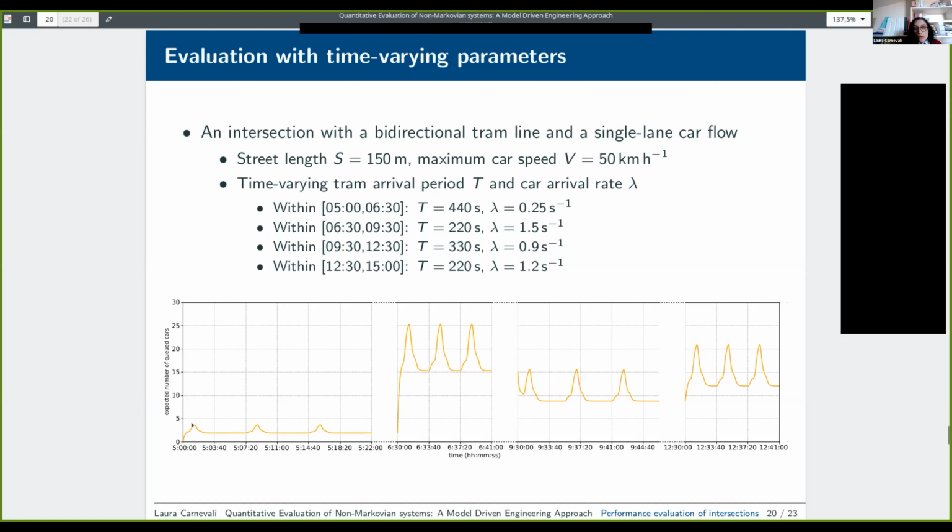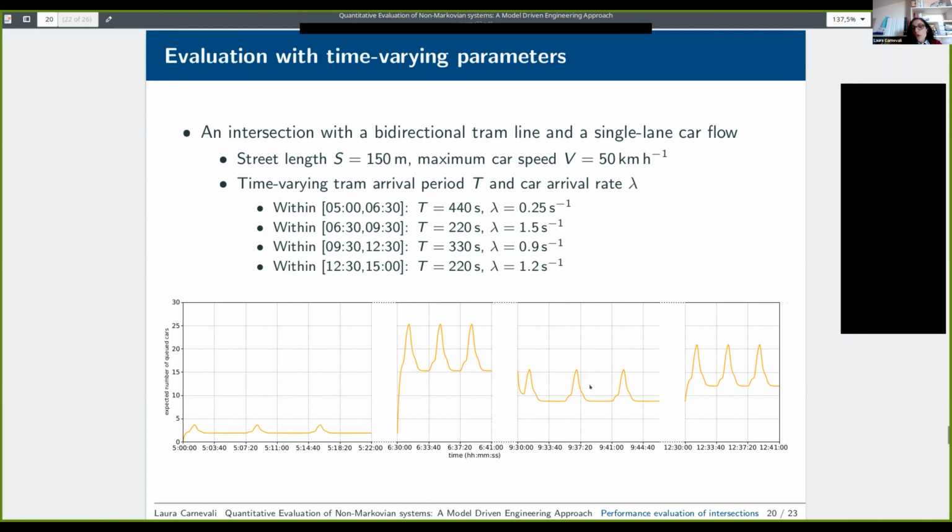And then we can perform transient analysis starting from the empty queue. We reach a steady state that is the starting point of the analysis with the parameters of the subsequent time slot during the day.